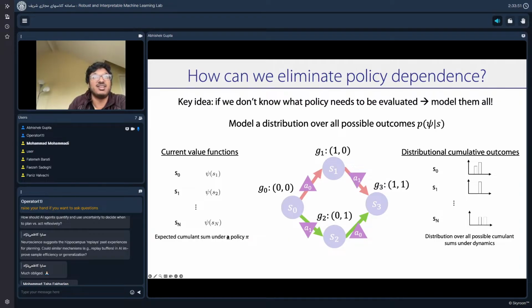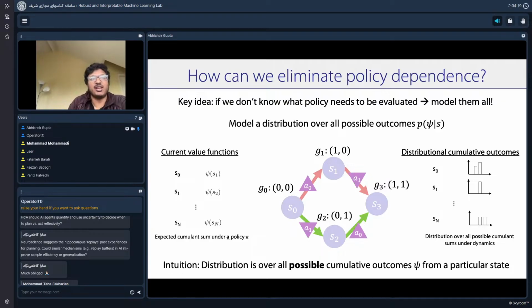And so in order to become independent of policy, the key insight is that you want to model the distribution over all possible things that could happen in the world, right? Let's say your future outcome for a particular policy was psi pi. You want to model a distribution over psi pi for all possible things in the data set, right?